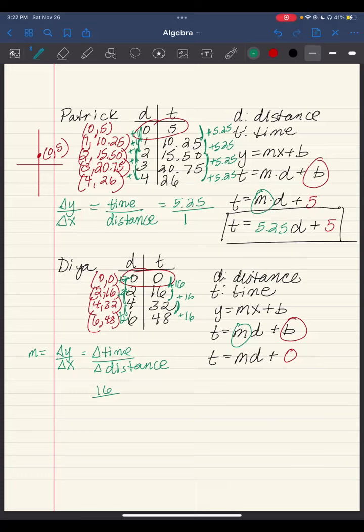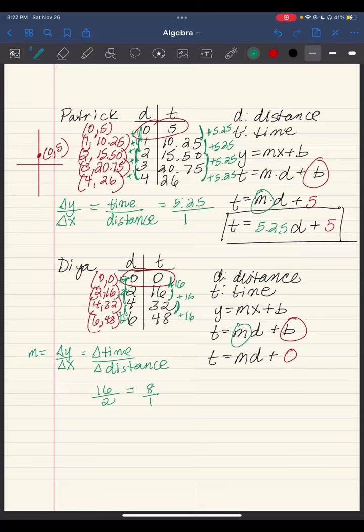So it's changing by 16 each time. The distance is changing by 2 each time. So what you end up getting is 16 over 2, which can be reduced. 16 divided by 2 is 8, or 8 over 1.